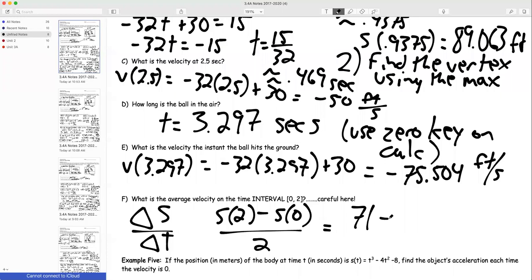Plug it into the position. And then if you plug 0 into the position, it's just going to leave the constant there, which is 75. And I got a 2 in the denominator, so that's going to give me negative 4 divided by 2, which is negative 2 feet per second.